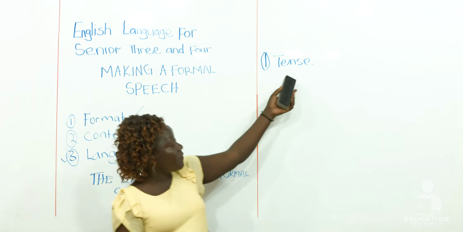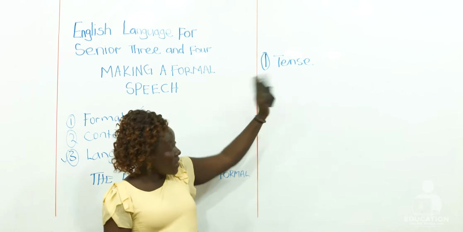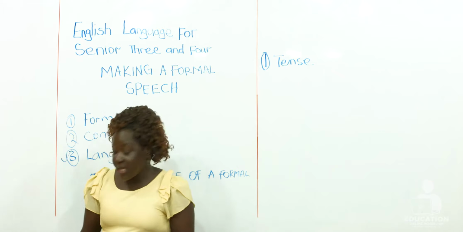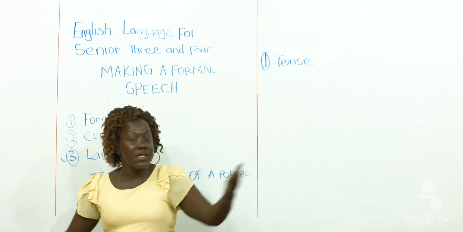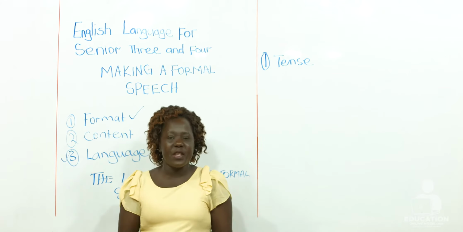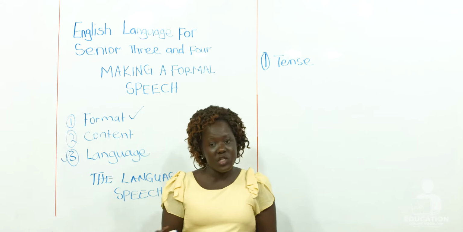Therefore, you'll be remembering what happened in the past. For instance, let us use the same example we used last time about the head girl making a speech during the independence celebration.